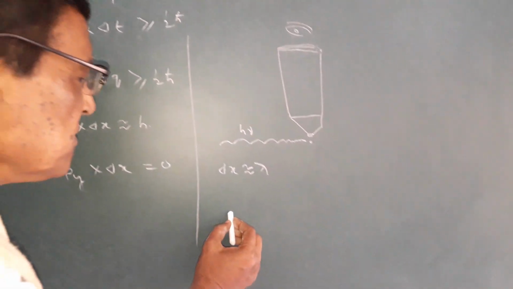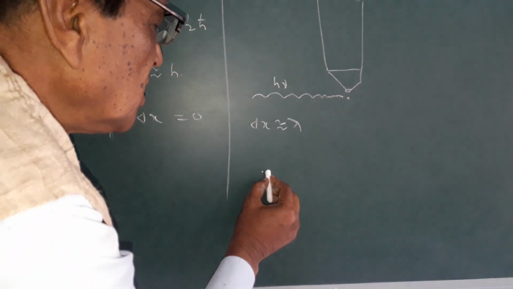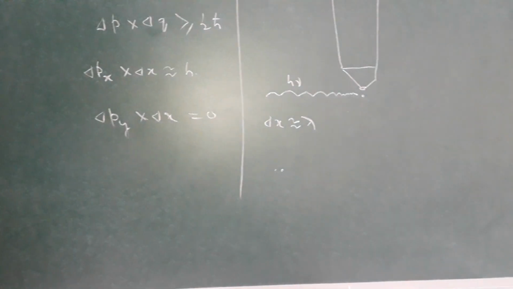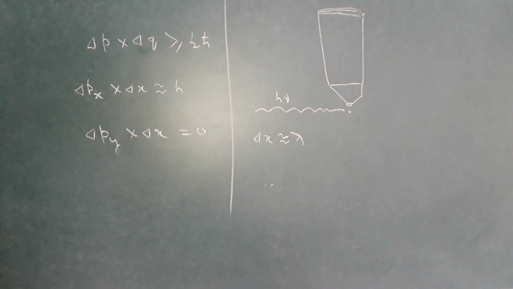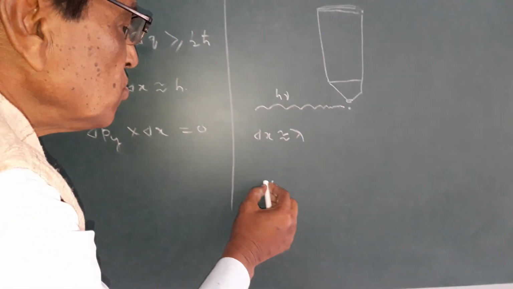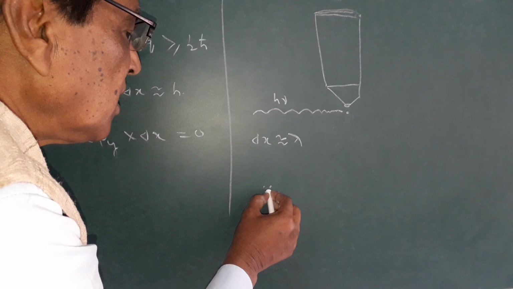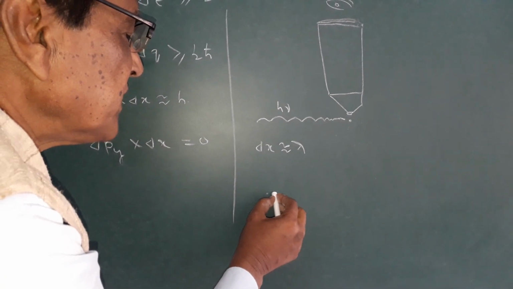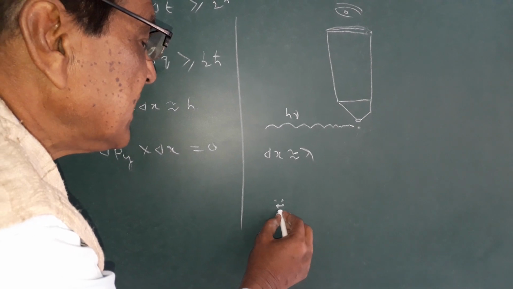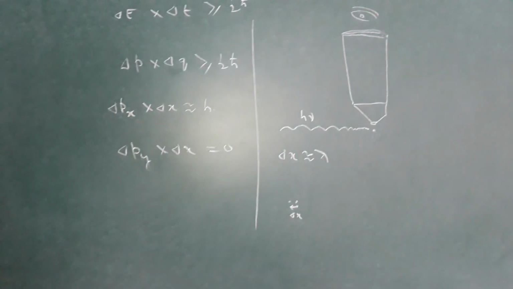As an example, suppose here are two spots, and you would like to visualize them through your eyes in the presence of this light. Say the distance between the two spots is del x.